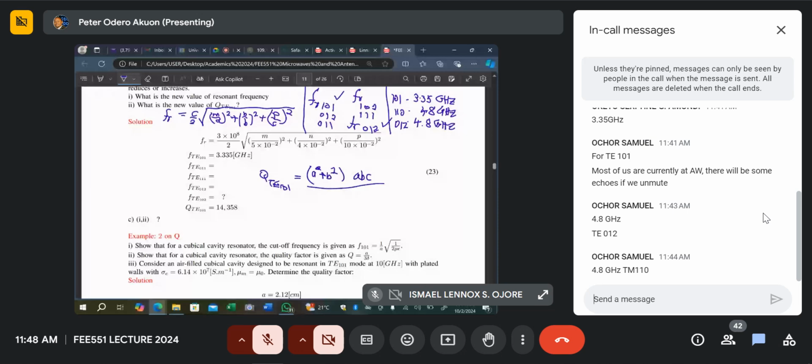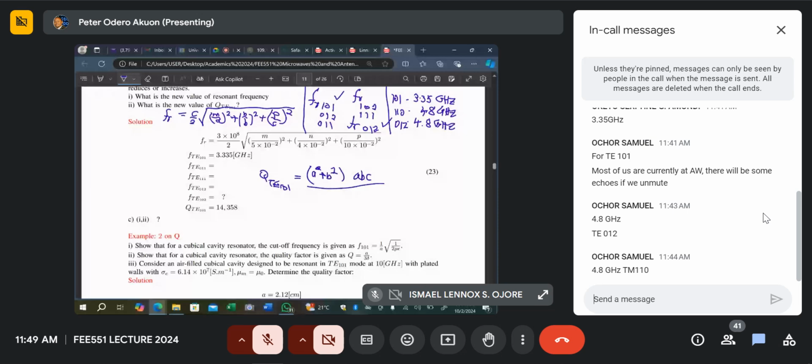Could you scroll up so that I can see the conductivity? You want to see the conductivity? The one I'm circling now in red, this value here. Are you able to see it? Okay, I think my screen is lagging a bit. Let me reload.